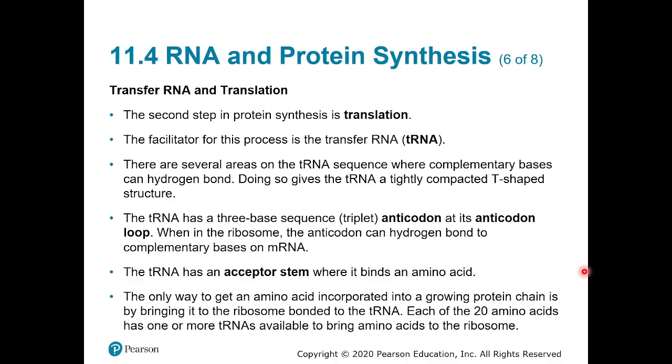The only way to get an amino acid incorporated into a growing protein chain is actually to have it coded with these tRNAs. That tRNA is then going to end up in the ribosomal complex, match up with that codon, and then that's going to allow the ribosome to attach the amino acid. Okay.